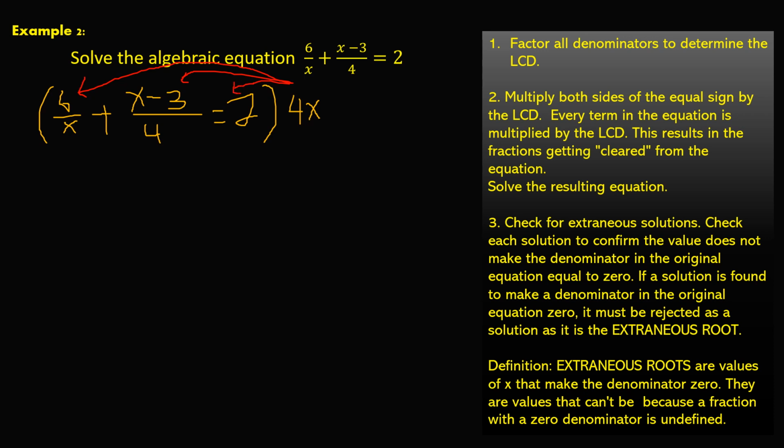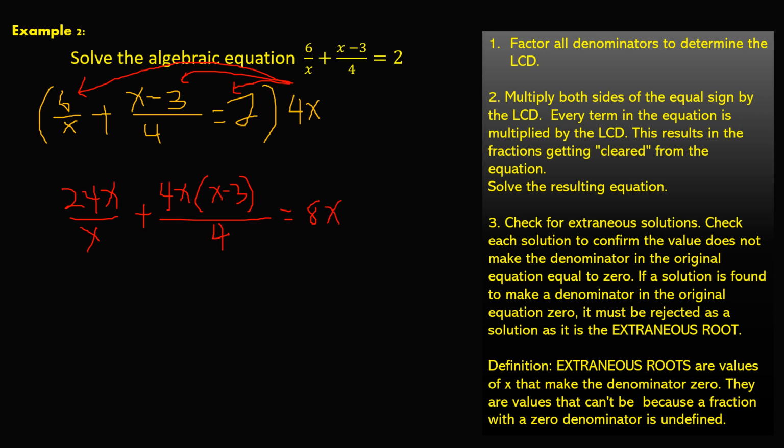So we have 6 times 4x, we have 24x over x, then plus 4x times x minus 3 over 4 equals 2 times 4x, we have 8x.